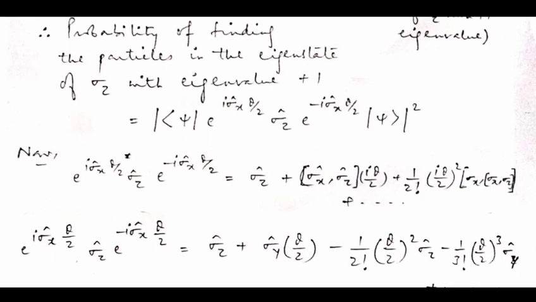Okay, so what we really need to find out is the quantity in between the two sides. What is that? If you look carefully, it is actually a combination which looks like e to the power some operator A into B into e to the power minus the same operator A, which is the form we see in the Baker-Campbell-Hausdorff formula, and therefore it can be simplified using that formula, and you can write this operator as sigma z plus the commutator of sigma x with sigma z times i theta by 2 plus 1 by 2 factorial times i theta by 2 the whole square, and the commutator of sigma x with the commutator of sigma x and sigma z, and so on.